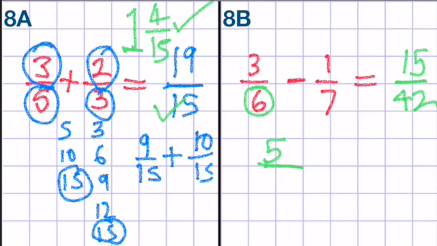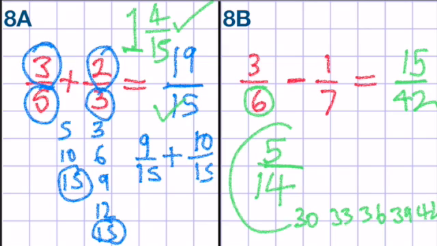So 42 divided by 3 is 14. So that's 5/14. Let me just double check that. 30, 33, 36, 39, 42, 10, 11, 12. Yeah, 5/14. Now, 15/42 is correct, and so is 5/14.